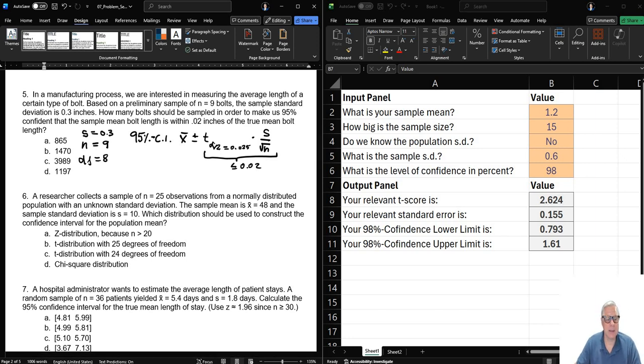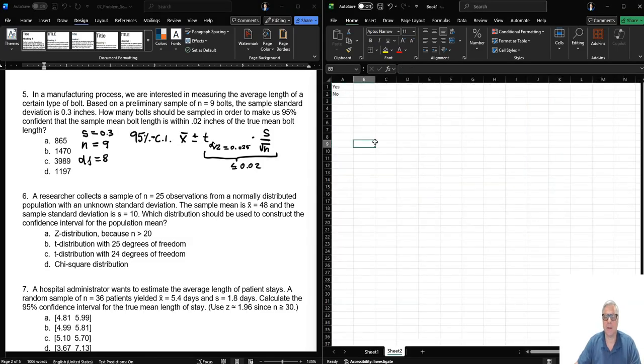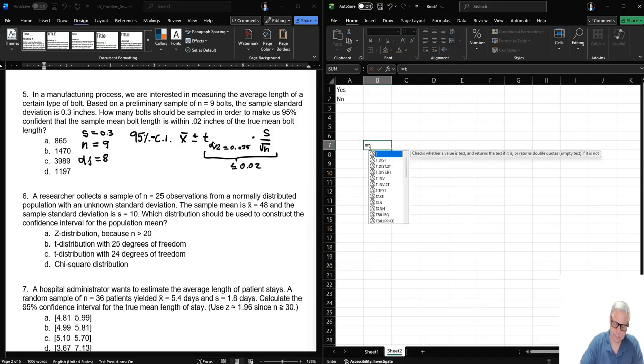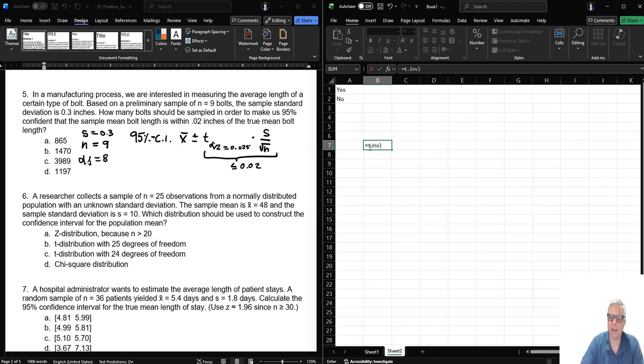So now we can quickly use Excel to tell us that t-score, let's go to maybe quickly another sheet, and we use the formula equals T.INV, open parentheses, the probability that we need is 0.025.